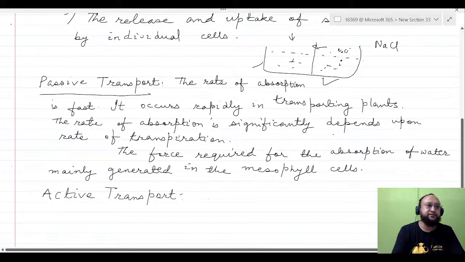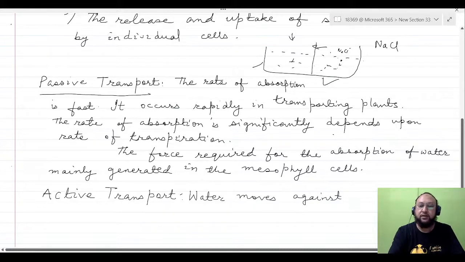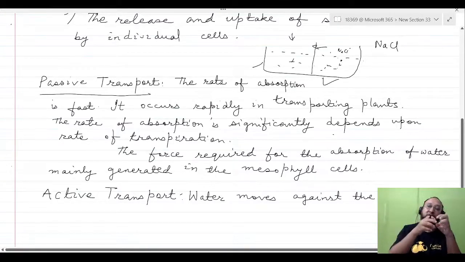In active transport, water moves against the concentration gradient, that is in the opposite direction. That means from lower concentration to higher concentration.